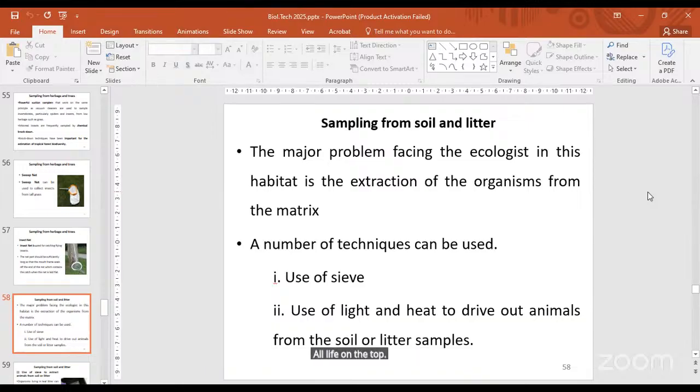Don't forget, many of these insects are sensitive to light, so they want to move away from light. And if light will not do it, you also apply heat. As they try to avoid the heat and the light, they migrate, moving to the bottom, and your funnel is there.